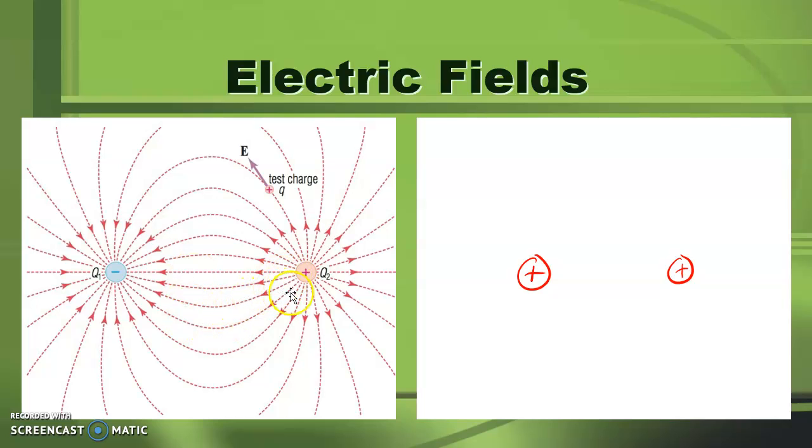Well, all the arrows from the positive one are going out and they're going to the negative one, and that should make sense considering that we know that opposite charges attract. You can see why the arrows are going to each other. Does that make sense? I mean, you can't really answer me back because I can't hear what you're saying right now, but I hope that makes sense.